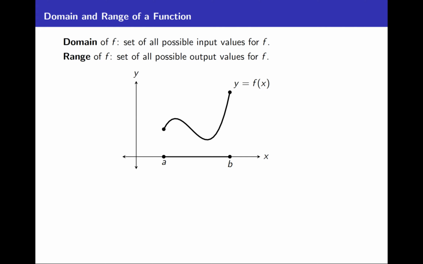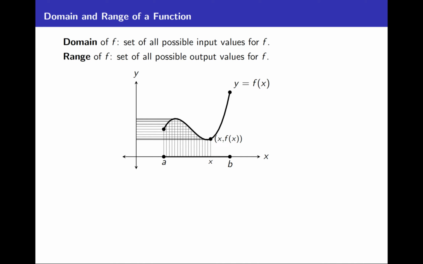In this graph, you could plug in a to f, and you get the point (a, f of a), right there, at height f of a. No, you couldn't go to the left of a. You can't plug those values into f. They're not valid input values because there's no part of the graph there. But you could increase x past a, and you get the corresponding point (x, f of x) up there on the graph, and a corresponding y value for each x.